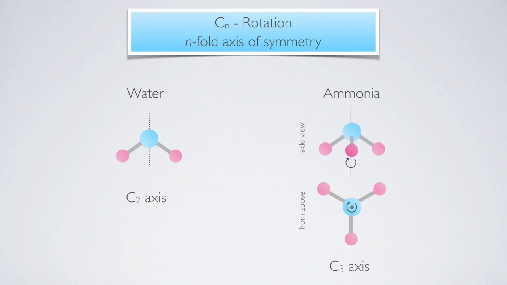Whereas on the right, we now have ammonia, NH3, so threefold axis going through the nitrogen atom, as we can see top and bottom there, rotation by 120 degrees leaves the molecule apparently unchanged. So that's the C3 axis.